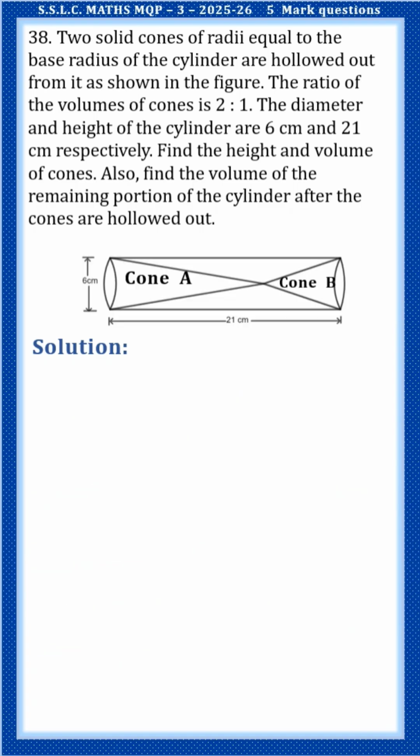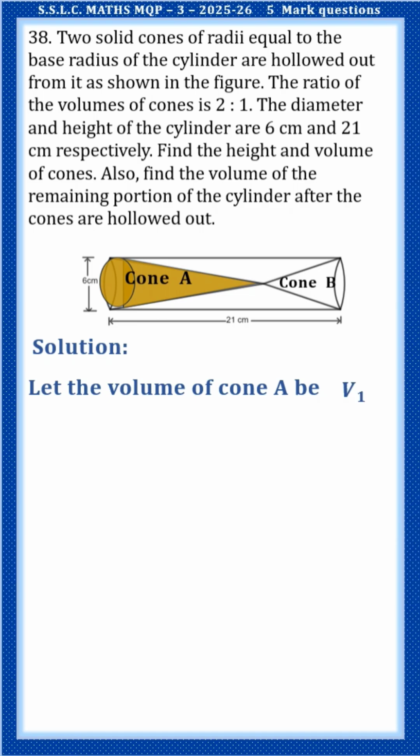Now we are finding the heights of the cone. We are clueless, isn't it? We are given the ratio of the volumes of the cone as 2 is to 1. So now let us keep the volume of cone A as V1. This is the volume of cone A. This is V1. And volume of cone B, V2. This cone has volume V2.